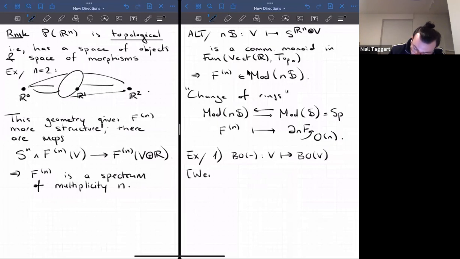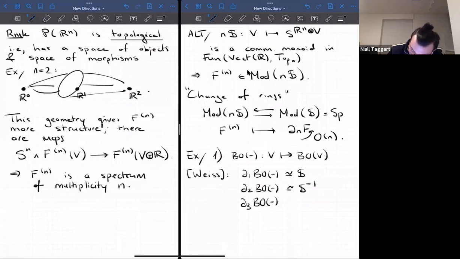Some low-dimensional calculations of this were done by Michael Weiss, and he showed that the first derivative of BO is the sphere spectrum. The second derivative is a desuspension of the sphere spectrum. Then it gets more complicated.